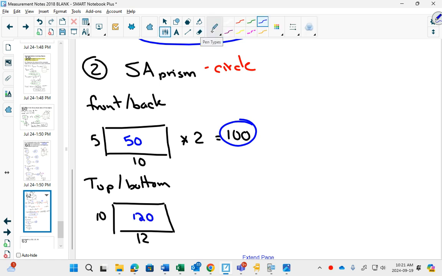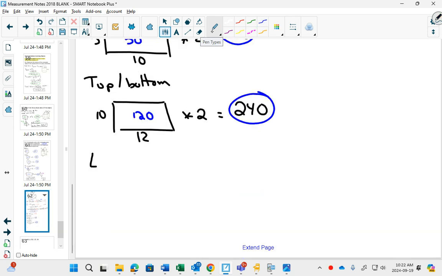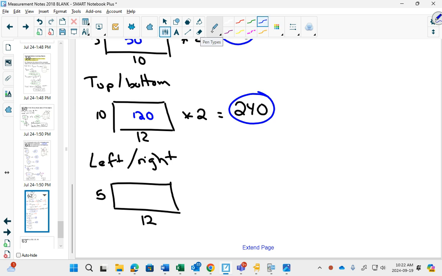Give me an area of 120. Again, there's 2 of them. And my left-right rectangles. So I can figure out the area of my entire rectangular prism.